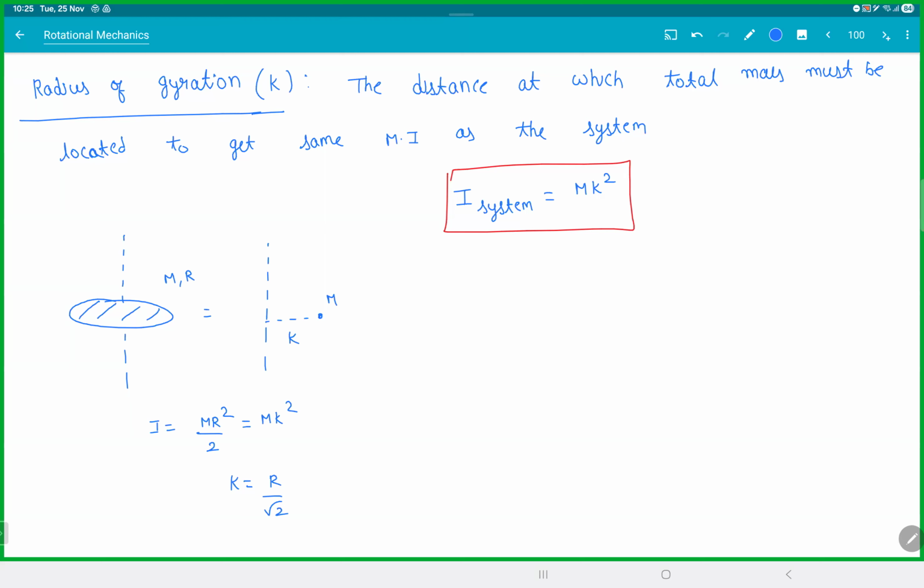So when you go to the lab to do the experiment, you'll see the disk. On top of it, the mass value and the k value will be written. So you don't need to worry that the moment of inertia of the disk is M r square by 2 and all that. You can simply say M k square and you're done. This is the radius of gyration of the disk. That's it. This is more of a lab-oriented thing than a concept.